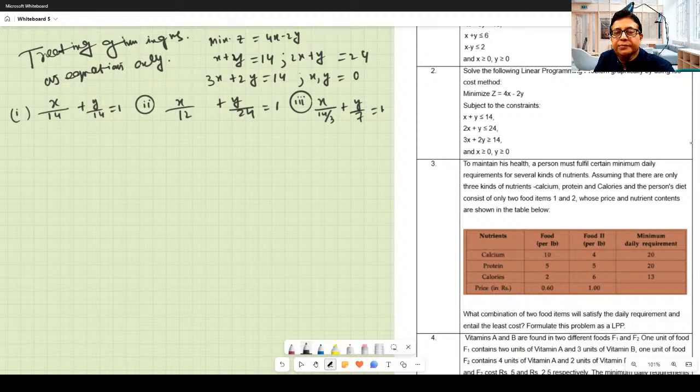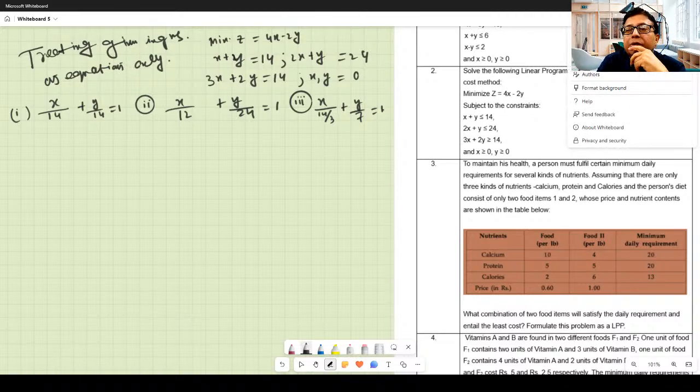How to plot? See, factor 1/3 has occurred over there. You must be careful about it. Normally, in board exam, they don't ask this question, 14/3. But if it comes, then what to do? Then graph paper will be accordingly. Got it?